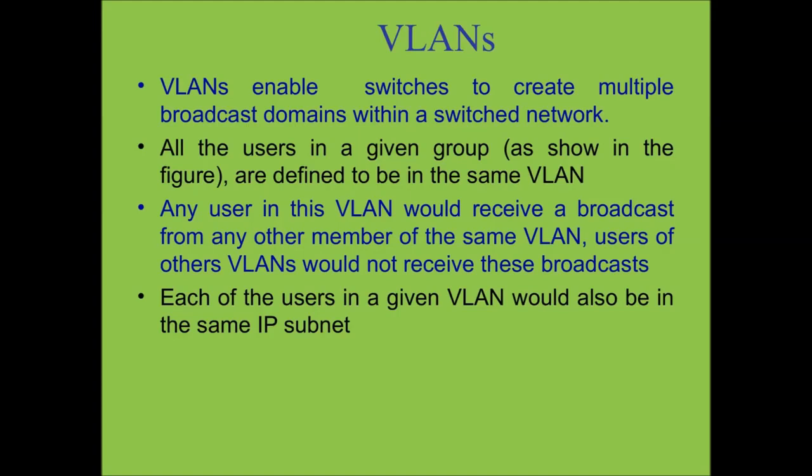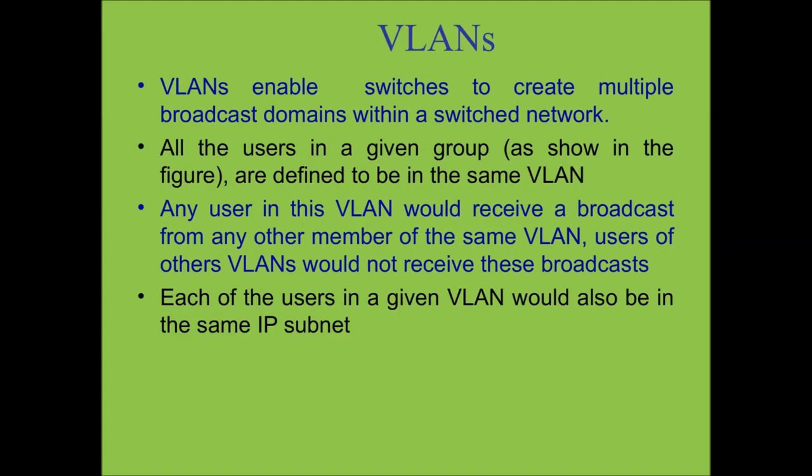Last point, each of the users in a given VLAN would also be in the same IP subnet, as we have discussed in point number two. If we have used class B IP addressing for subnet 1, then all the users of subnet 1 must be categorized in the class B addressing scheme.